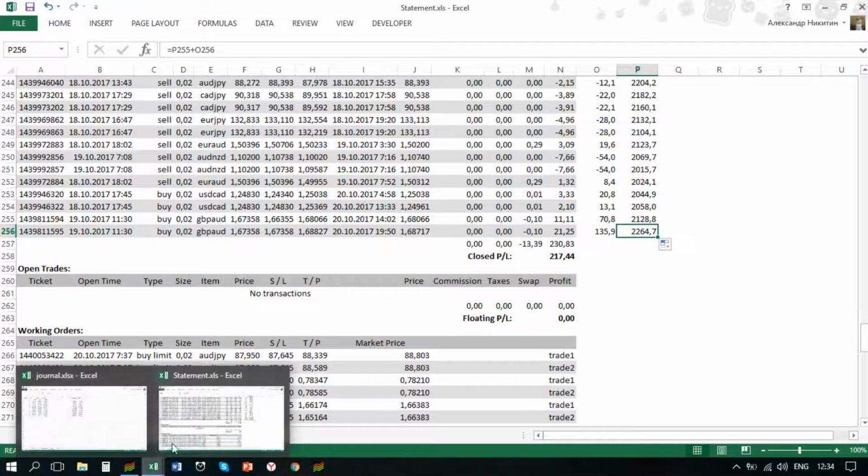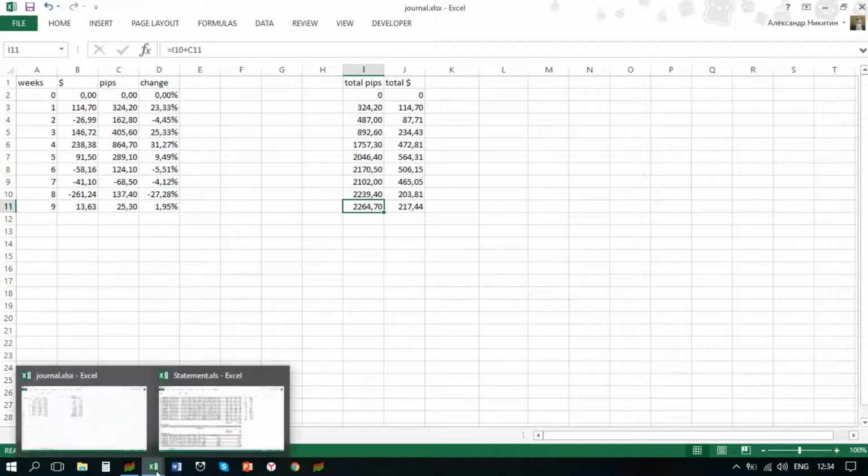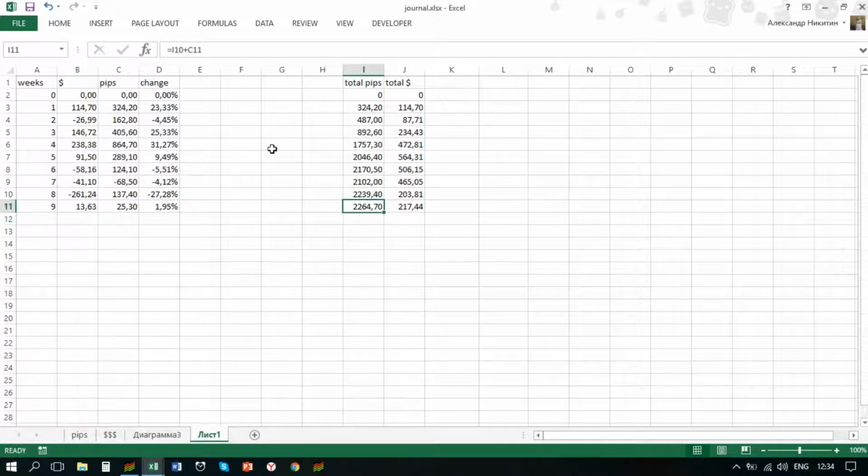Let's go back to our journal. 2,264.7. The amount of pips coincides. Perfect. Nice. So I'm sure that my calculation was done correct. Let me save it and close my weekly journal.